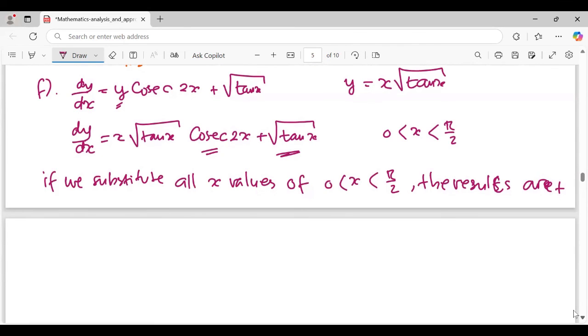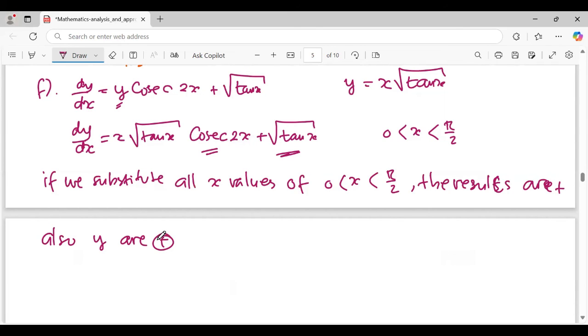It means y also will be positive. If x is positive, the implication is that y is also positive.